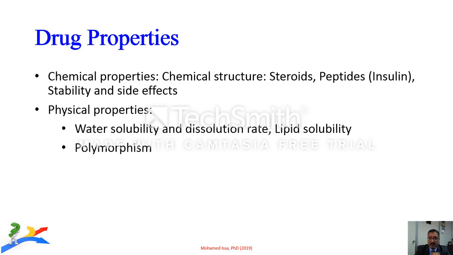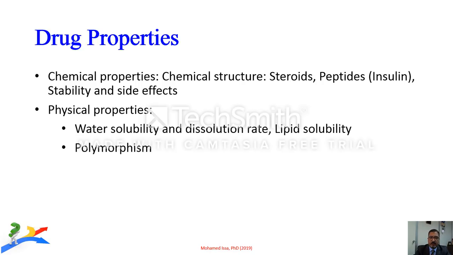So drugs, when they are in the solid state, can be either amorphous or crystalline. You have to remember that both are the same drug, both have the same chemical structure, they're chemically the same, but physically in a different arrangement.